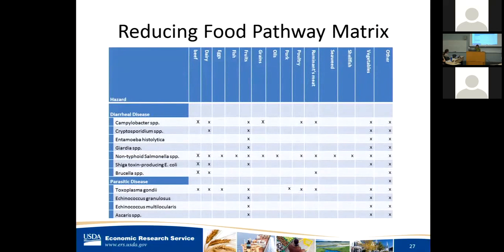We similarly did this for food pathways. So that resulted in quite a reduction in the number of questions that we had to ask people to respond to. What that means is those matrices of questions that I presented earlier were smaller, and it just reduced the burden of answering them.